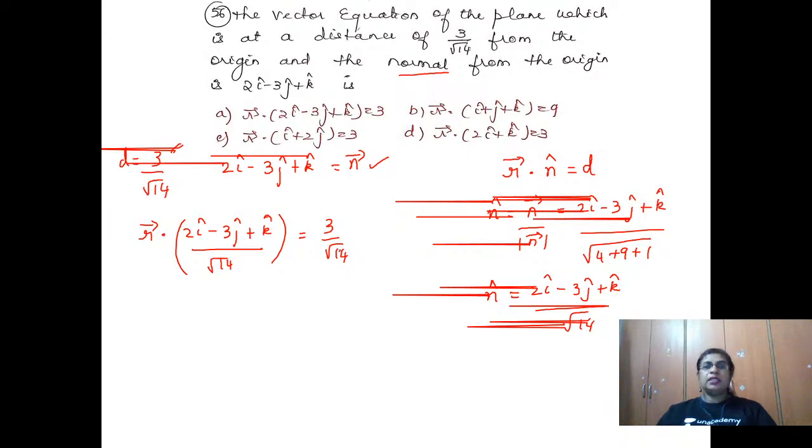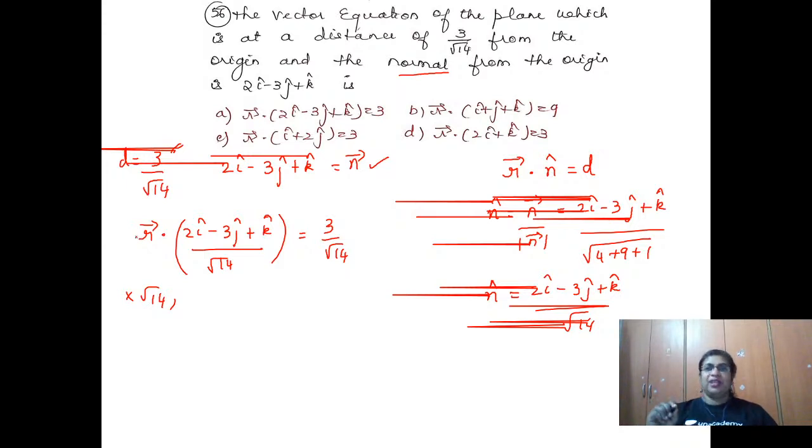Now look at the options. I don't have anything with this option, isn't it? So what can I do? R vector is the position vector of the arbitrary point, is it not? So that arbitrary point, always let it be R. If I multiply or divide with any number, that doesn't make any difference. So I multiply by root 14 throughout. Don't write R vector into root 14.